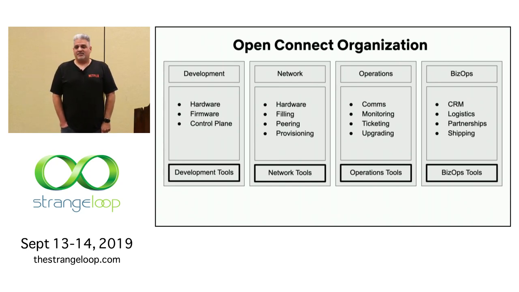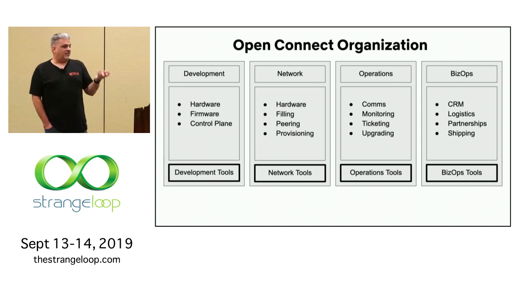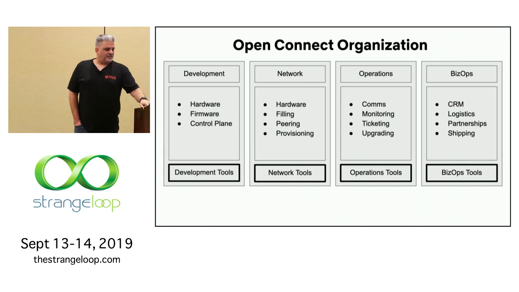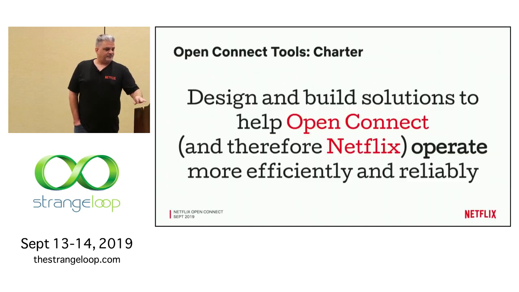It was discovered that that wasn't scaling entirely well, and that there might be efficiencies gained by combining those groups into one that could look at the overarching set of needs within Open Connect as a whole, and build more general solutions that could handle cross-functional concerns, or step out and make sure there wasn't any duplicate effort between these groups and the types of tooling they needed, and so on and so forth. So hence this team was born.